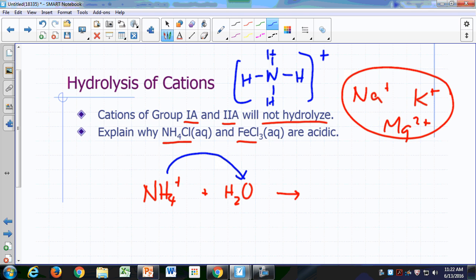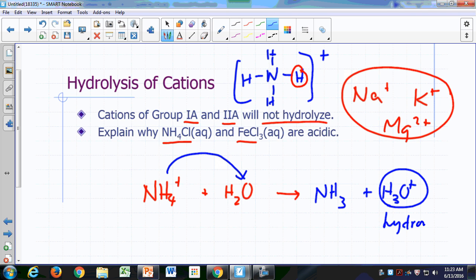One of these hydrogens can hop from the ammonium ion to a water molecule, leaving behind ammonia, NH3, and producing H3O+, hydronium ion. And so when that happens, you have an acidic solution.